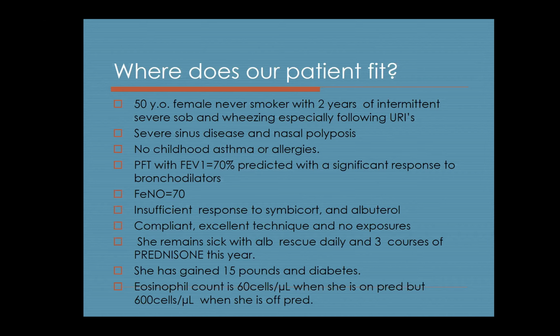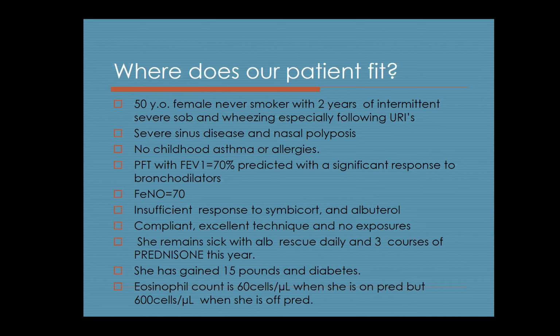When you look at many of these people, they stay on prednisone so often that all the eosinophil counts are low. So what you want to do is catch them when they're off the prednisone so you can get an eosinophil count, because you're not going to be giving the drug if they have 60 cells.